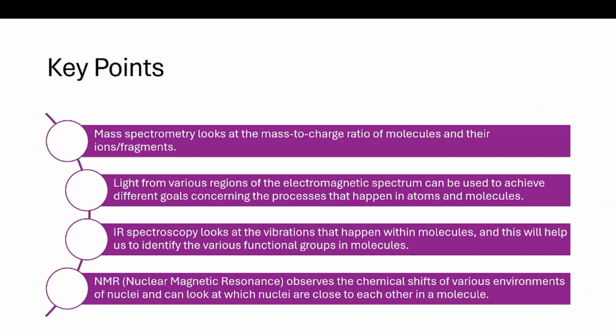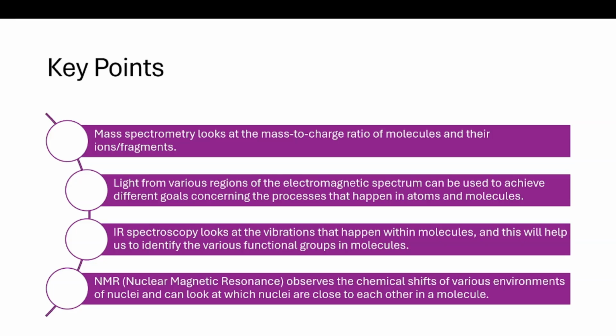And to finally sum it all up, here are the 4 different points that I want you to remember. First off, mass spectrometry looks at the mass-to-charge ratios of molecules and their fragmented ions.